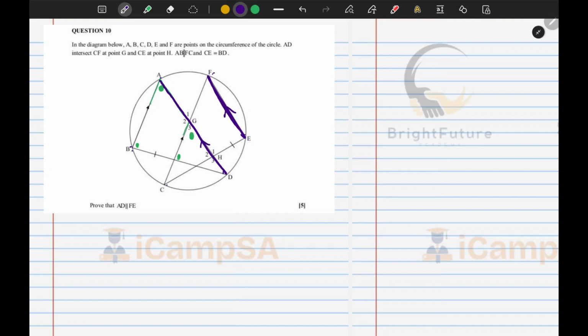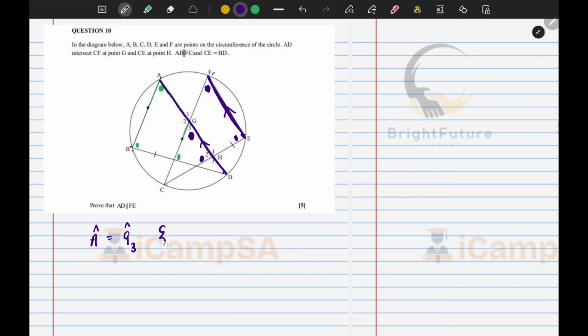In order for these lines to be parallel, corresponding angles should be equal, and the ones that are easy to see are this one and this one, and this one and that one. So we have to prove that those angles are equal. We start by saying angle A is equal to angle G3.